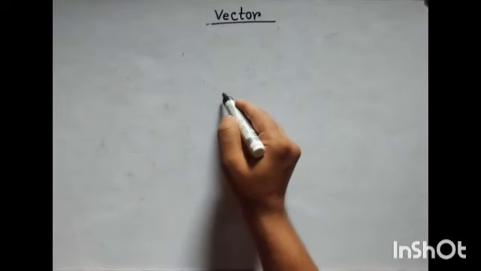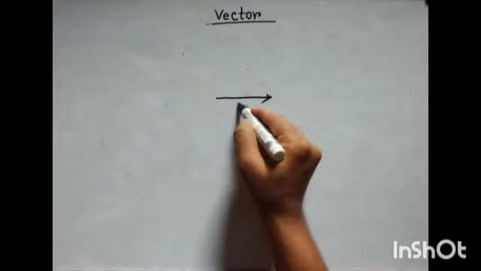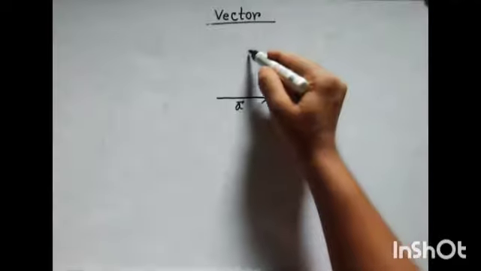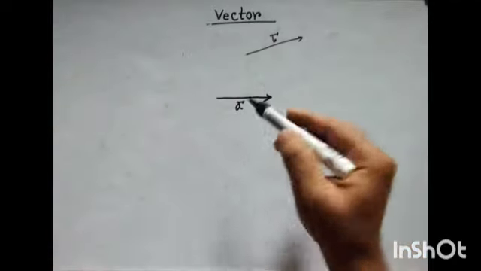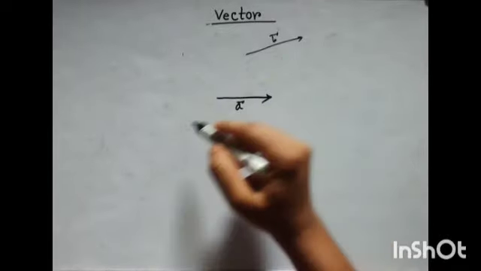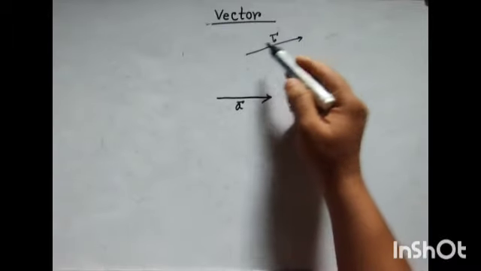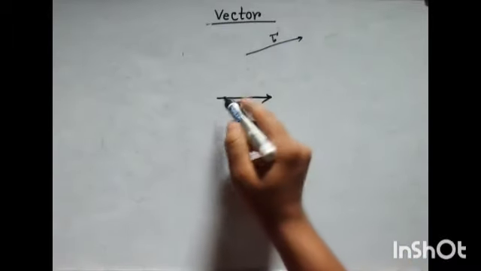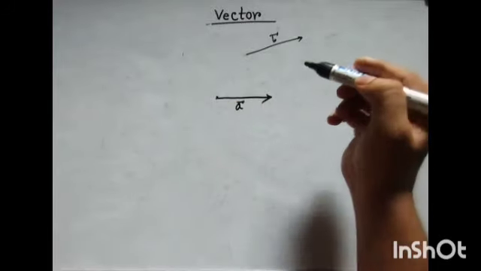Now say I have given you two vectors, this is a vector, and suppose this is b vector, and I told you to add these two vectors. How will you do that? If you follow the law of triangles, then you have to draw a parallel vector of b vector from the end point of this a vector.